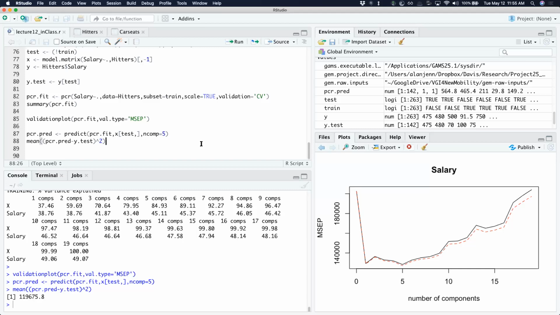Again, to reiterate, I think the typical approach is to consider this tool when your number of variables is approaching the number of observations, and you don't really want to get rid of anything. That's commonly when you use this.